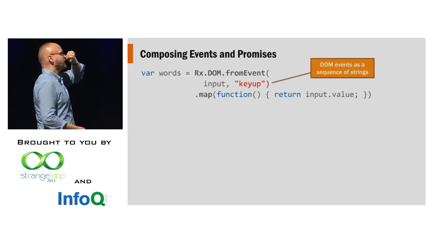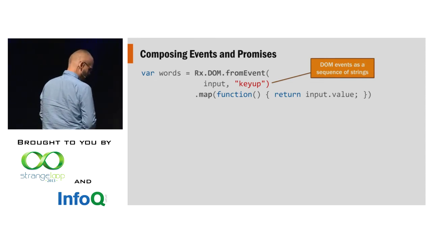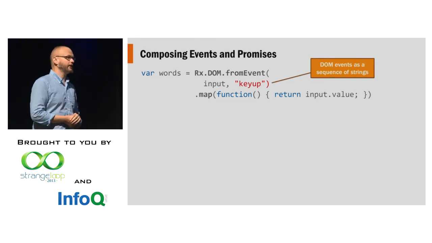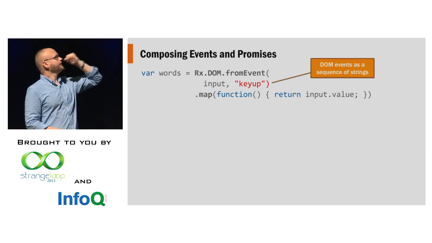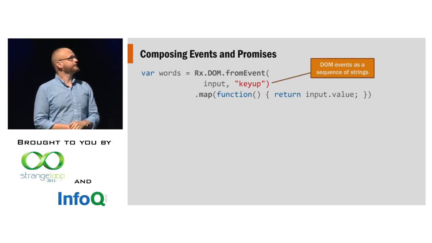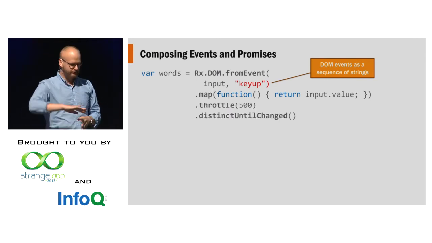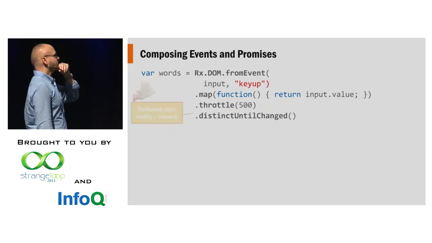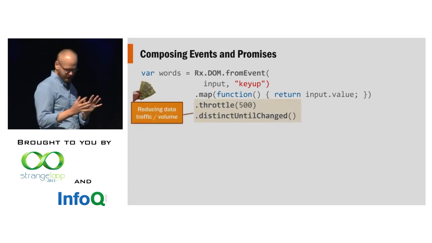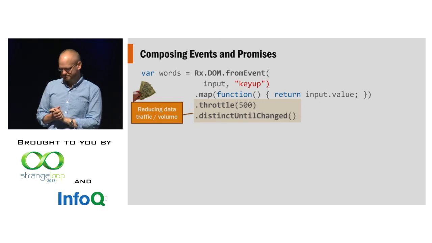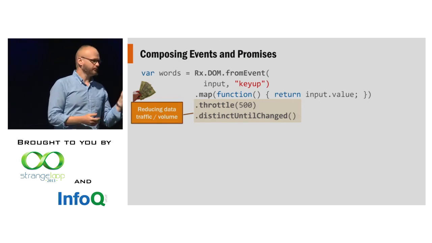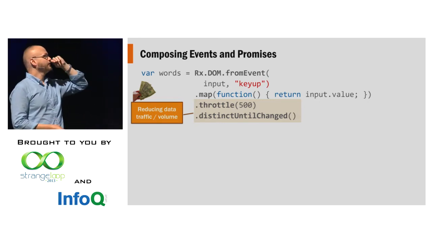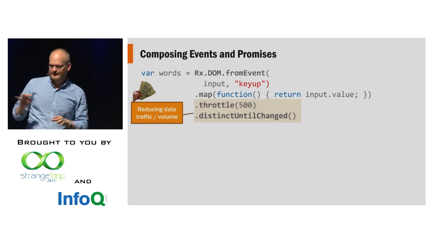Well, we can use our DOM bindings that we already have, that you can find out on GitHub and in NPM, Bower, etc. And then we can bind to the key up on the input. And then we're going to map to get the value. Next, we're going to have that concern about overloading the service. What we don't want to do is overload the service, so we can have a throttle where we're basically not listening.